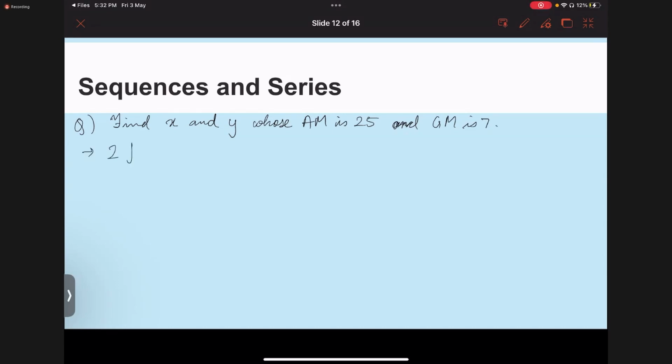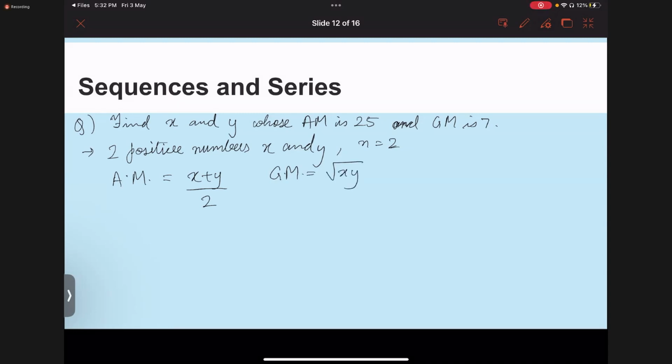Okay, so we have two positive numbers, x and y. Arithmetic mean will be given as (x plus y) by n, and since n is equal to 2, and your GM is going to be root of x, y, the product.